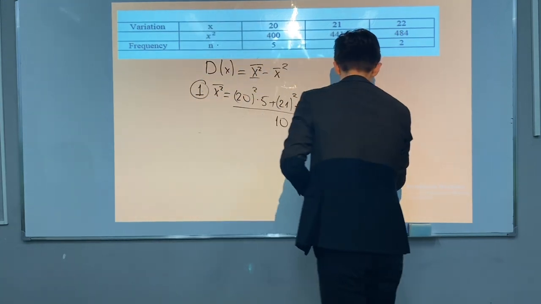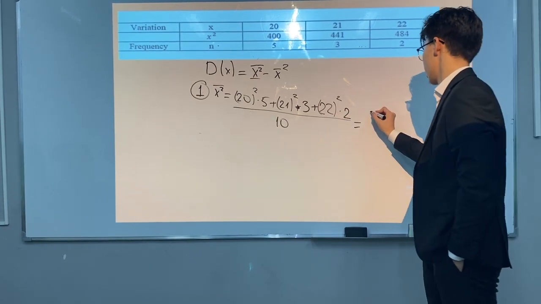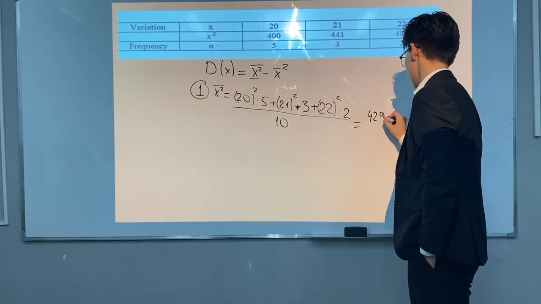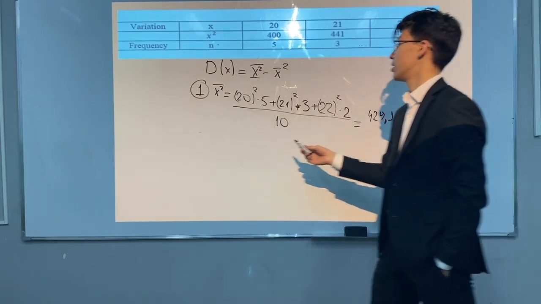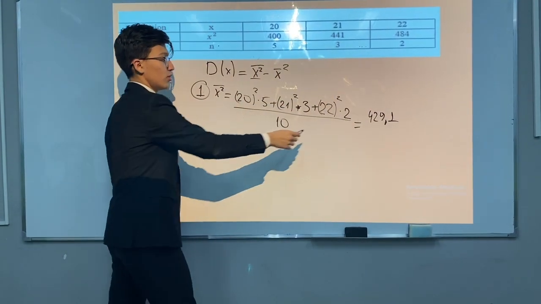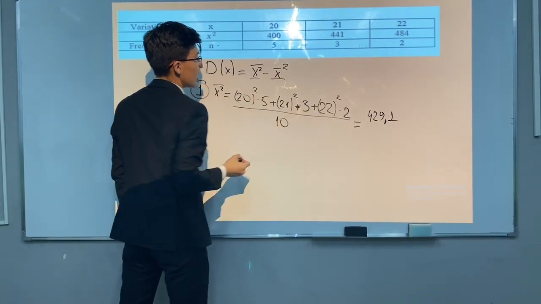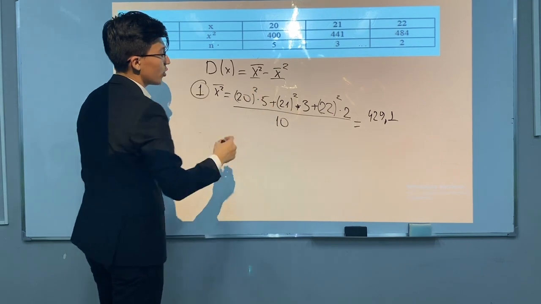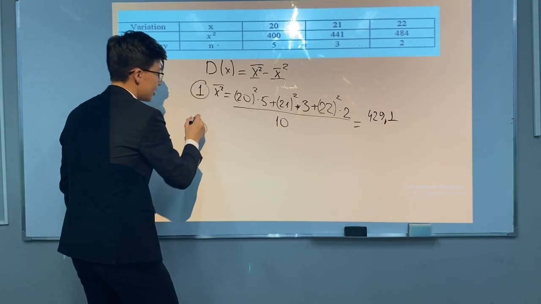And here we can write the result, and that is our first equation. And here we have to find the next one, the square of our average value. It is the second step.